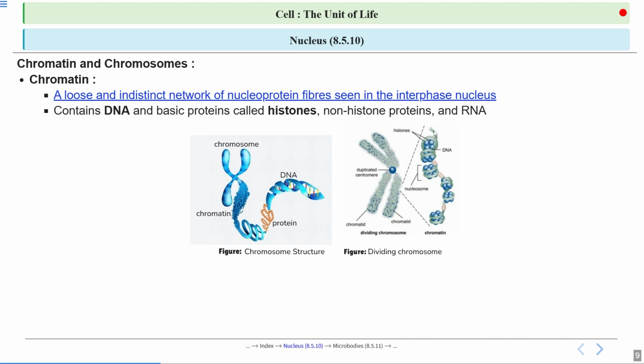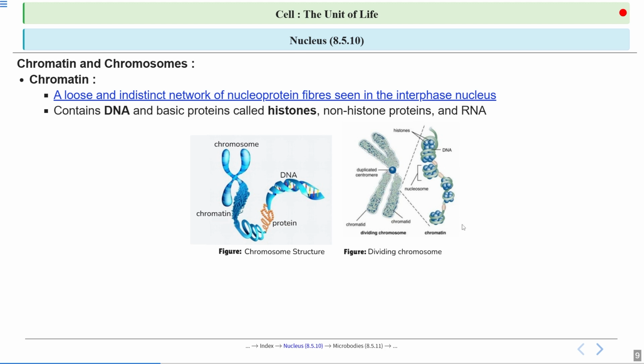This is the DNA wrapped around the histone octamer. Histones are basic proteins, positively charged. DNA is negatively charged. Then this is another nucleosome, another nucleosome. When you view it under the electron microscope, it will be seen like beads on a string. So this is how the packaging of the DNA is done in eukaryotic cell.